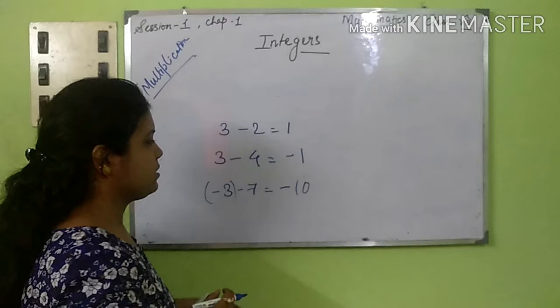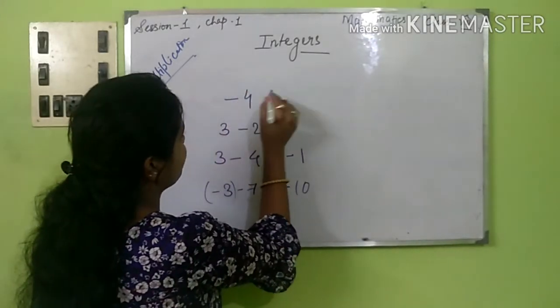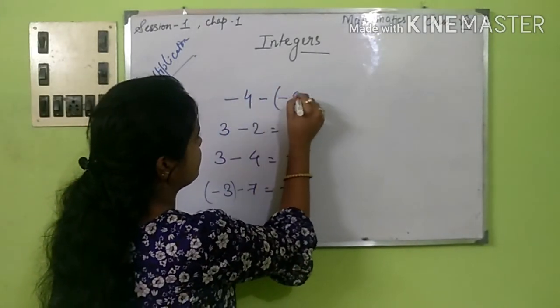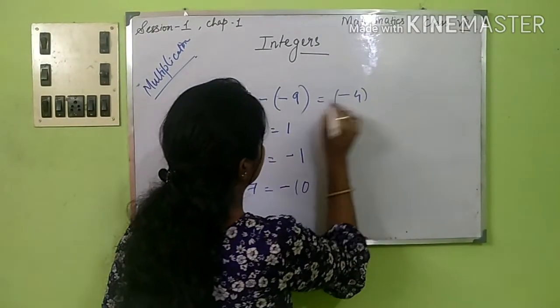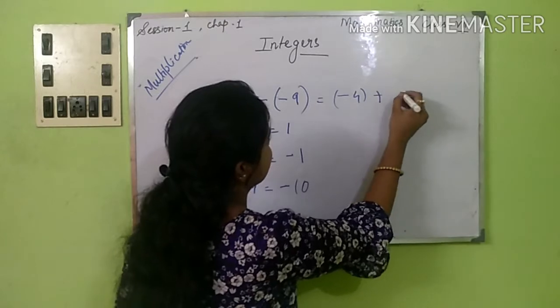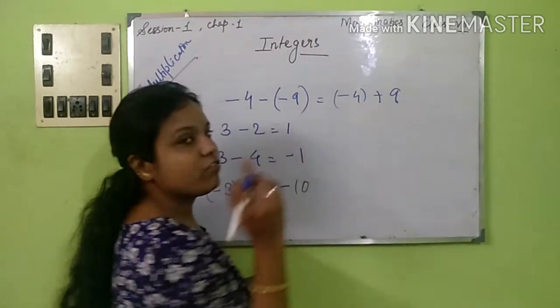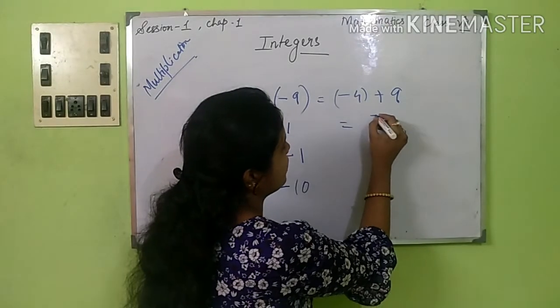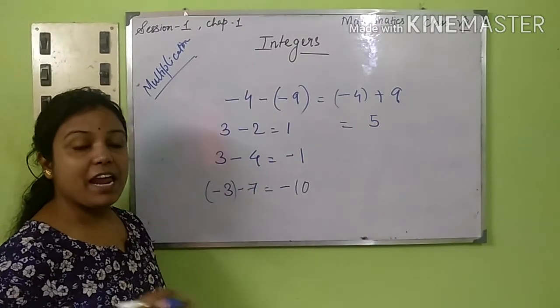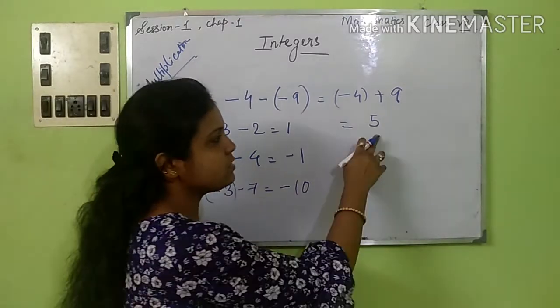Next, suppose minus 4 minus of minus 9. As you know, minus of minus is plus 9. Now minus plus operation will be minus, so here we have the answer as 5. Now what will be the sign for this answer?